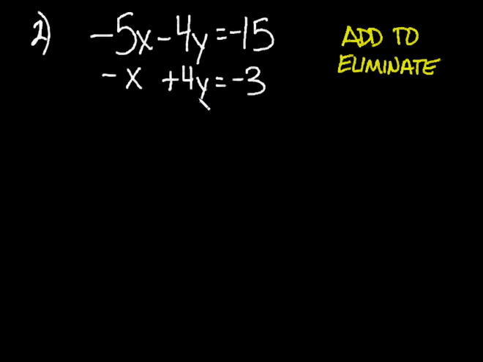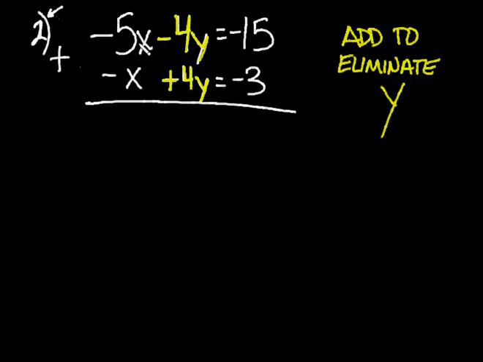In this example, yeah, the y's are going to go away. There is a negative 4y, and when you add that with a positive 4y, they'll turn into 0. Let's add those two together and see what we get. Remember, this is number 2 on our worksheet.